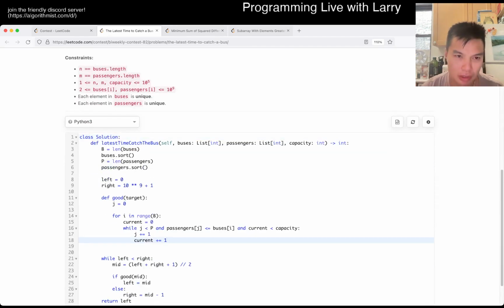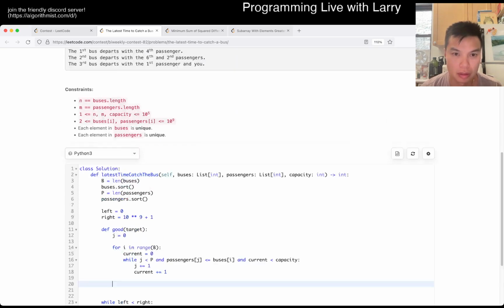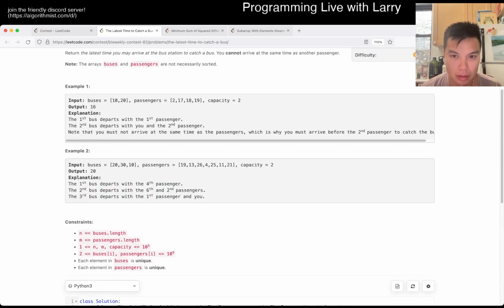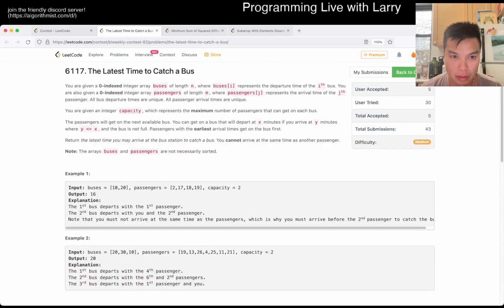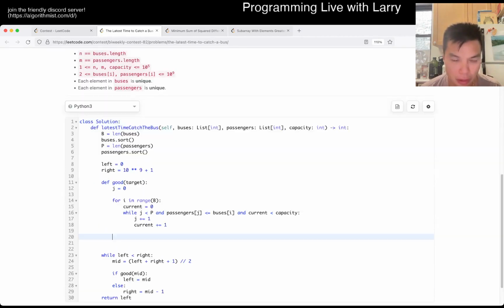Maybe I should have skipped this one. I always knew that was going to be hard. I don't know how to do this one quite easily, implementation wise.